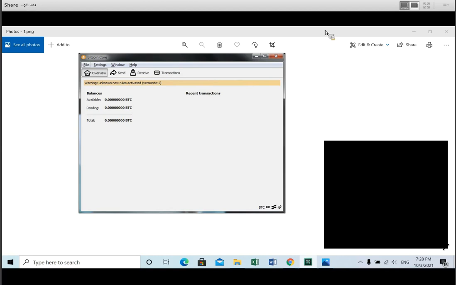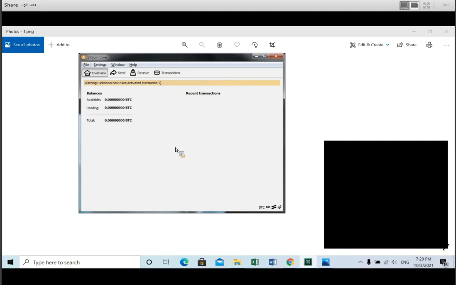After downloading is finished, this is the interface of Bitcoin Core. As you can see, my balance is zero, not $0, but 0 Bitcoin. This software just knows Bitcoin, not dollar, not dinar, not real. Yes, a 500 gigabyte hard disk, because the blockchain will be downloaded as some files.